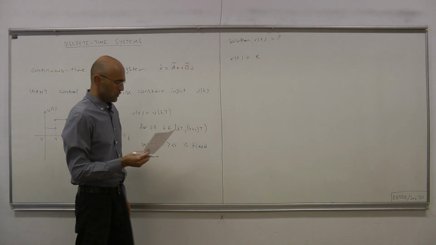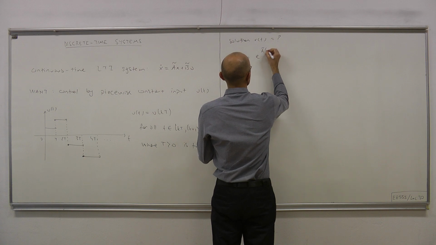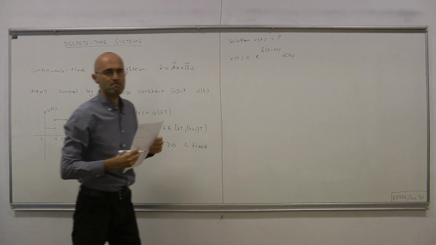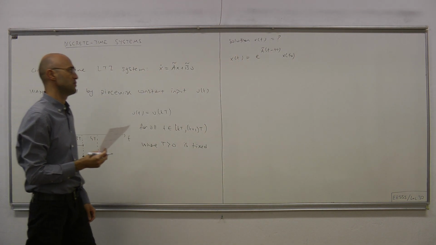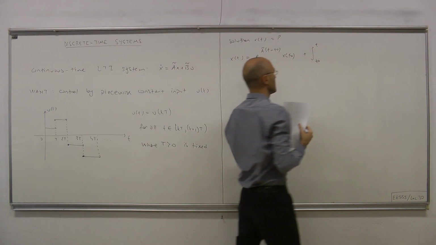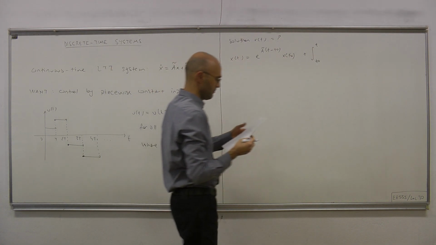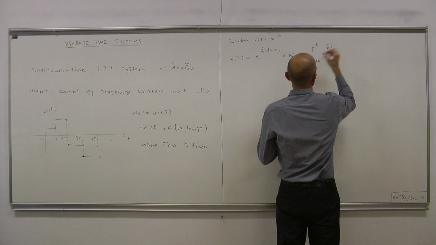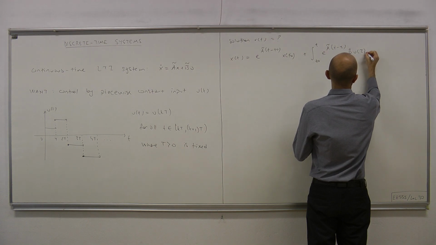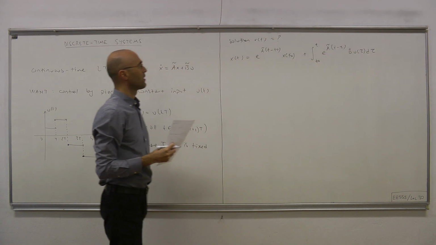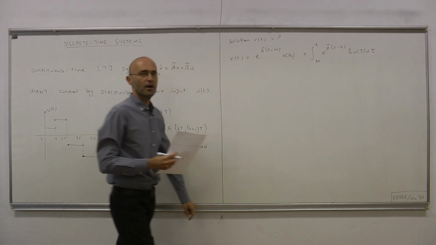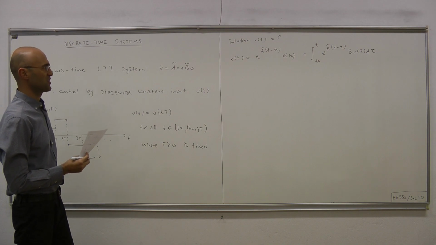So x of t is e to the A tilde (t minus t0) times the initial condition at initial time, which we denote by t0, plus this integral from t0 to future time t, e to the A tilde (t minus tau), B tilde u of tau d tau. So this is the general form of solution for any input. We don't make any assumptions right now on the piecewise constantness of the input.